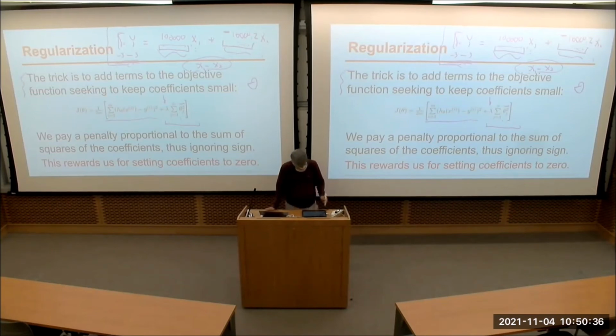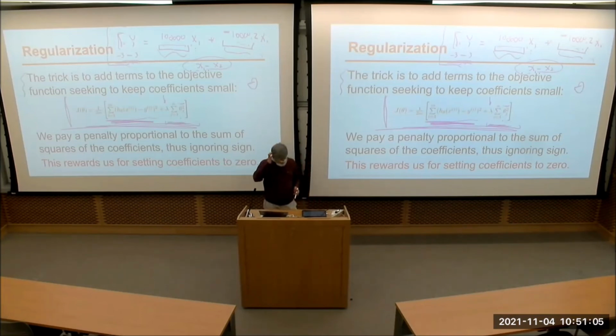If we now try to find the parameters that minimize this error function, how should we do it? Well, the parameters will try to minimize the sum of squared error while also trying to keep the coefficients small.